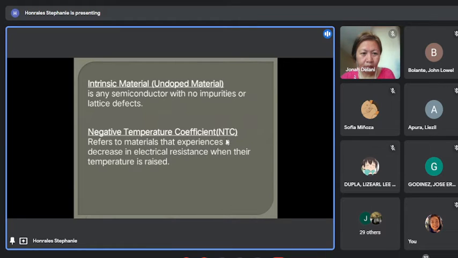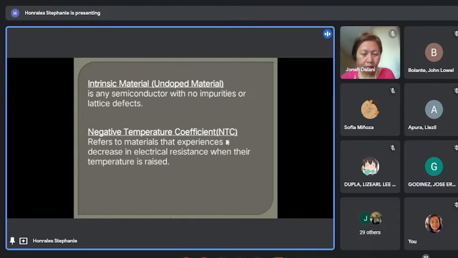So, there is a process called doping wherein you add an impurity to a pure substance to alter its properties such as conductivity. So an intrinsic material is undoped, so it is pure and it is chemically pure.